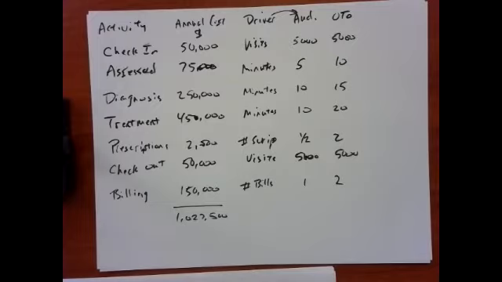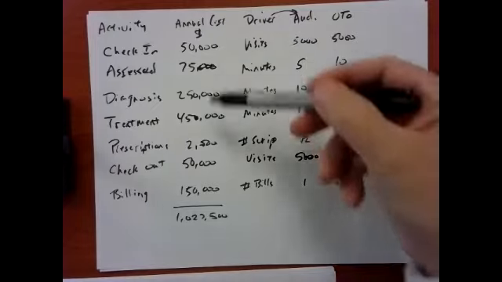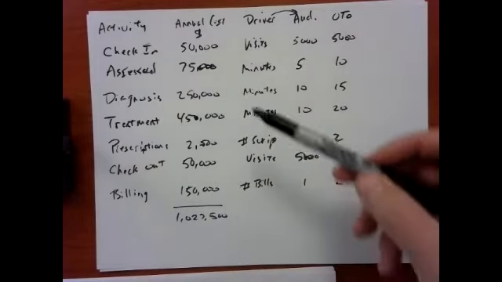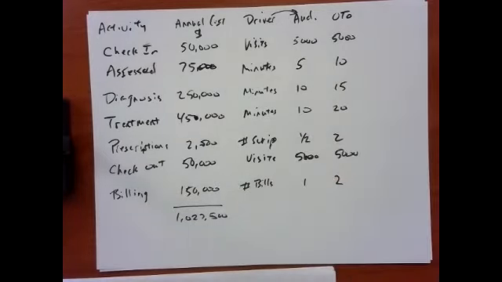Okay, so what we're working towards with this is our four-step method. We're going to apply the four-step method to each of these costs, and then we're going to allocate these costs based on the drivers to each of the clinics.